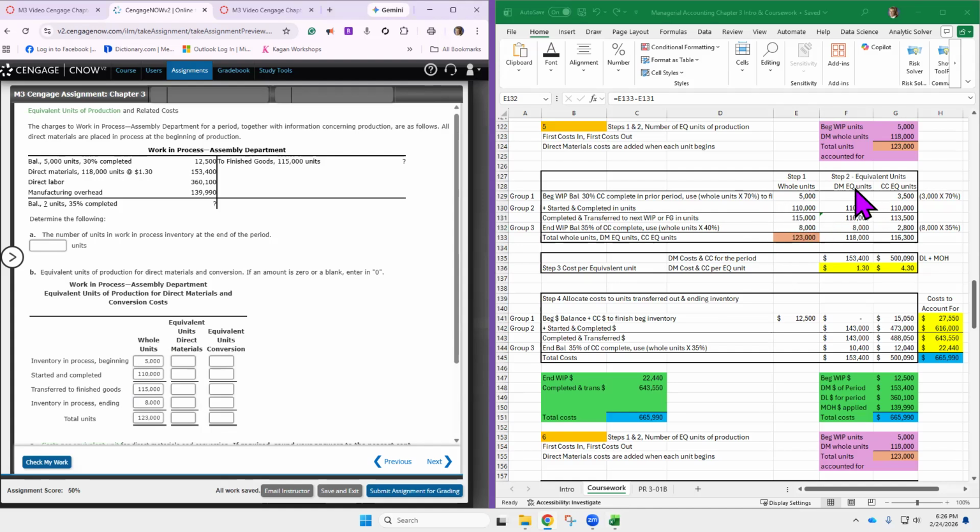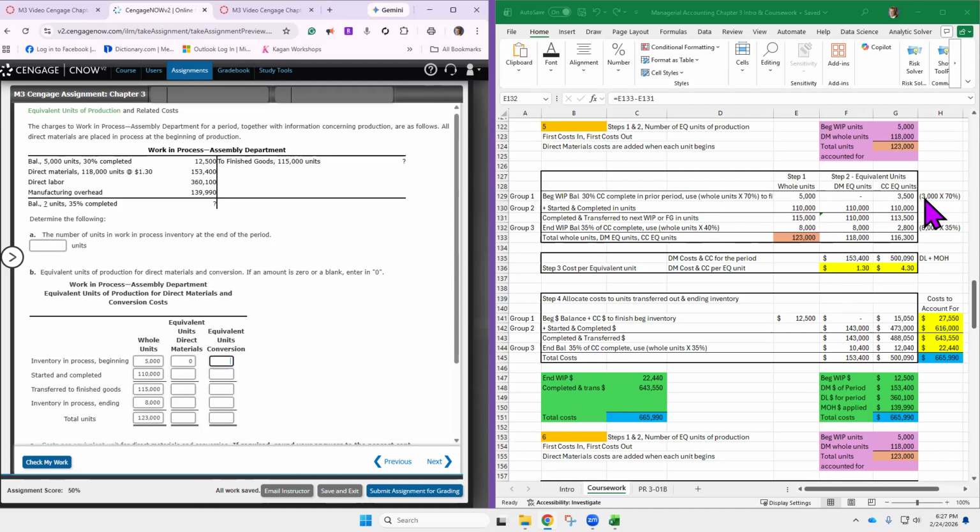And now we're going to do equivalent units based on direct materials and conversion costs. So when it comes to beginning inventory, you're not going to have any direct materials equivalent units. But we will have for conversion. This is saying beginning balance is 30% complete in a prior period, meaning that we've got to finish 70% of the conversion costs on 5,000 units.